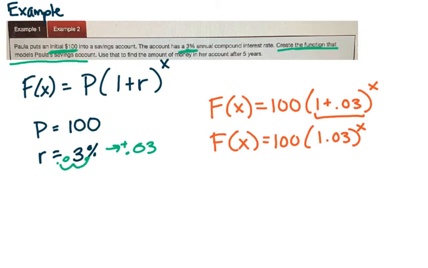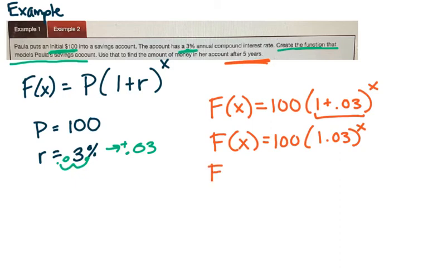All right, so now we have a function that will model Paula's growth for any amount of years. The percentage was an annual interest rate, so our time is in years. And so we want to specifically know how much money is in our account after 5 years. So I can take that 5 and I can plug it in to my function.